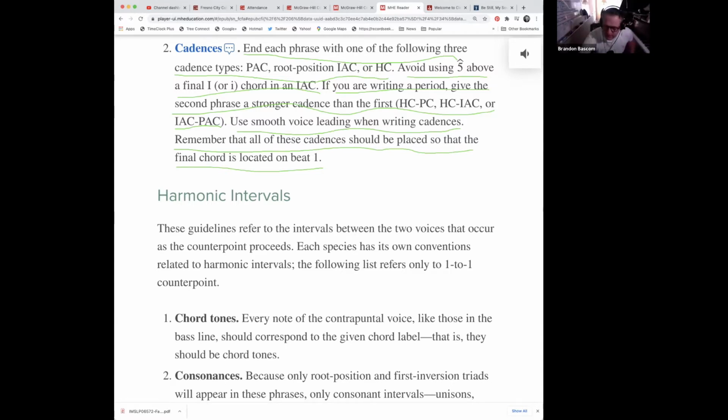Yeah, and it just sounds kind of lame. It's not very complete. I mean, you could hear it. You hear it in church music once in a while.